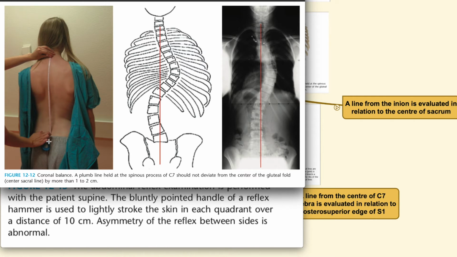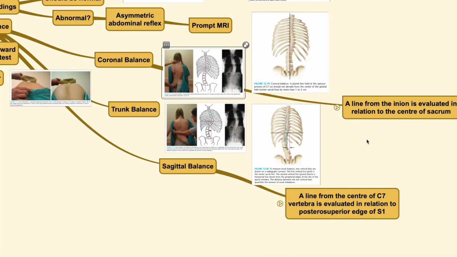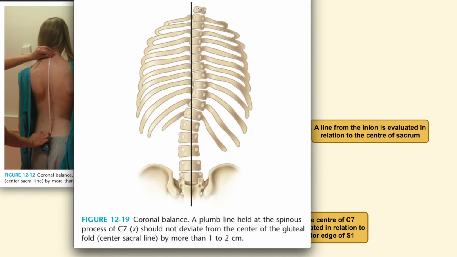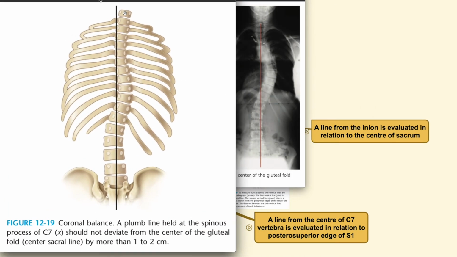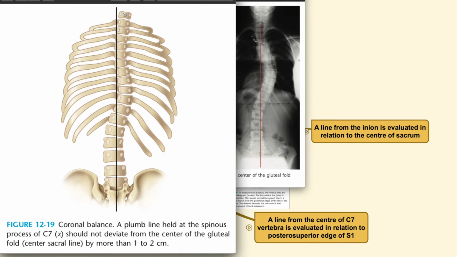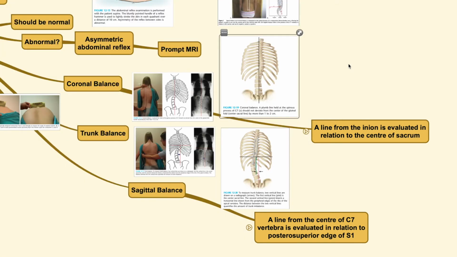You place it at the spinous process of C7, and the line at the end of it should lie directly over the center of the gluteal fold, also known as the central sacral line, and it should not deviate to the right or to the left by more than 1 to 2 centimeters. This is another depiction where the line is being placed and pulled down, and it should not deviate laterally more than 1 to 2 centimeters.